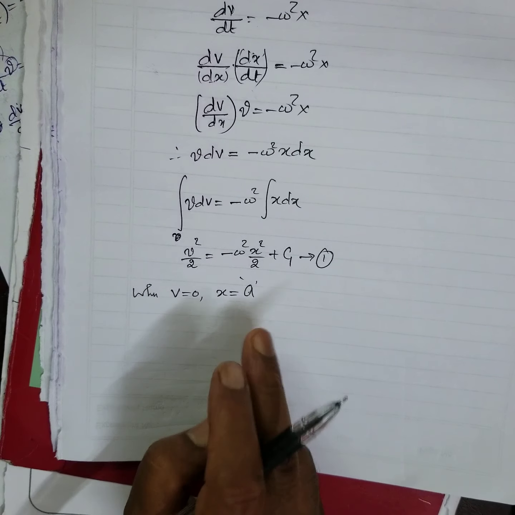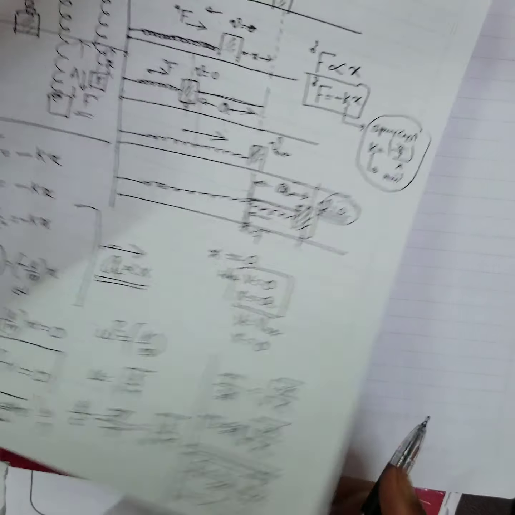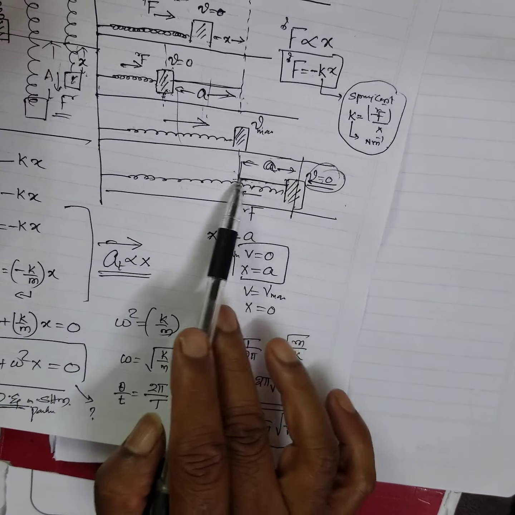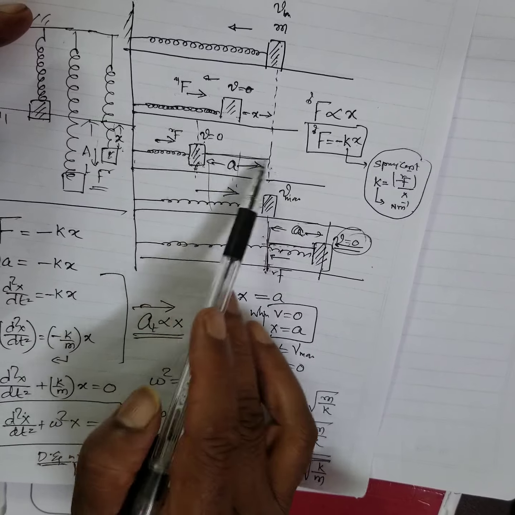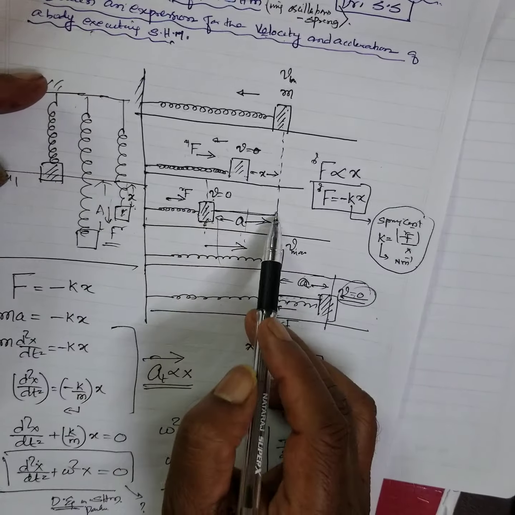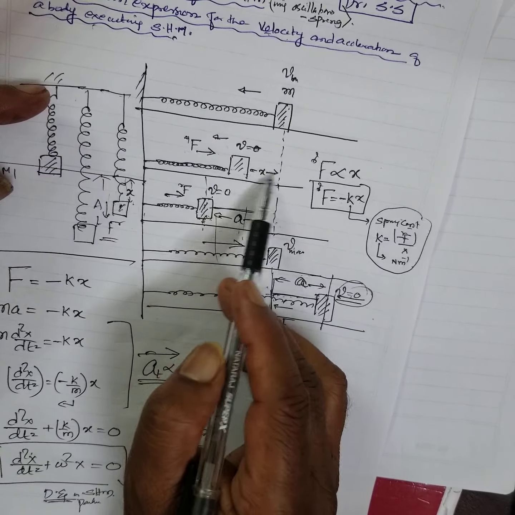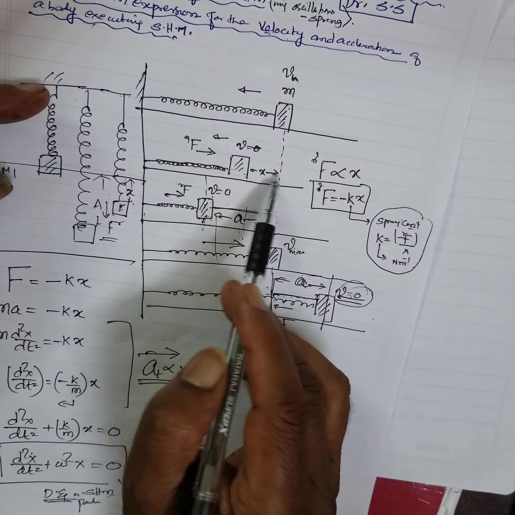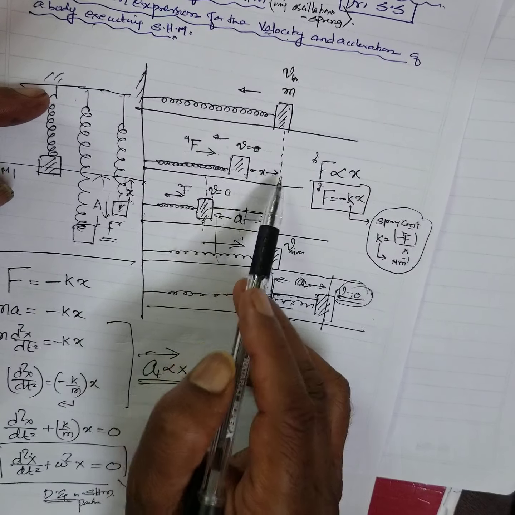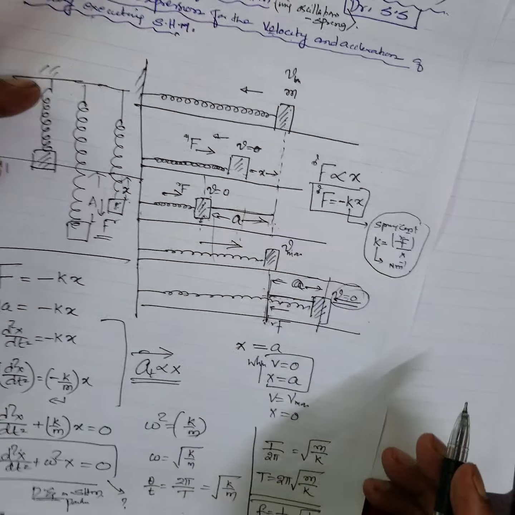That is the maximum displacement from the mean position, right? Therefore, this is the maximum displacement, and x is the displacement at any instant from the mean position, the equilibrium position.